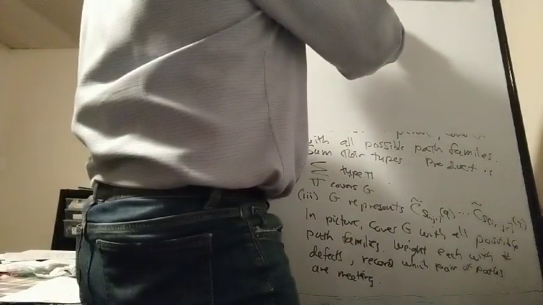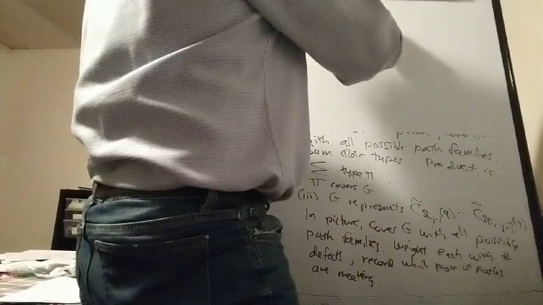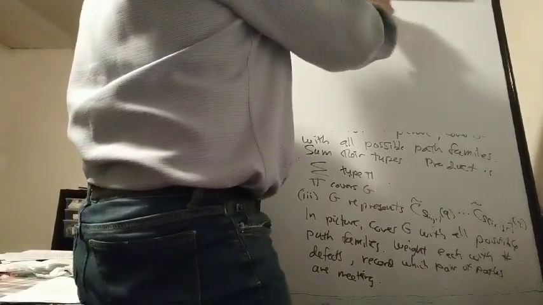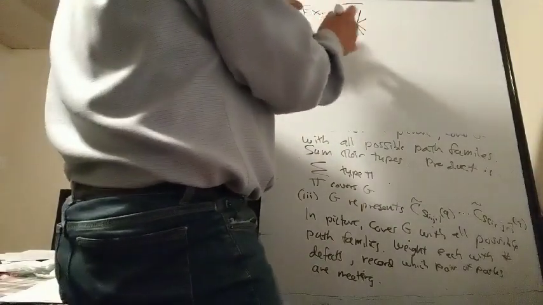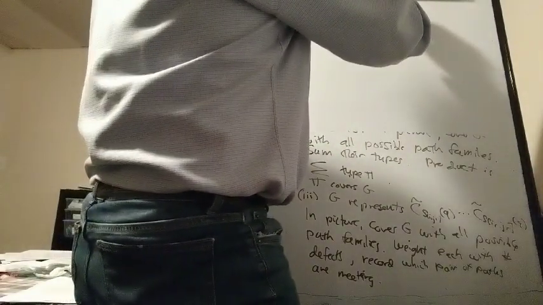So let's look at a product of 2 stars that have 4 spokes on each side.